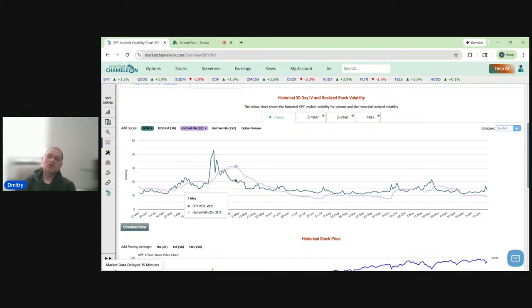We're forecasting it lower, and you could see that eventually that volatility did start coming in. And that's what this chart helps us do from a historical perspective, is to see how those two moved in relationship to each other and how much they diverged.